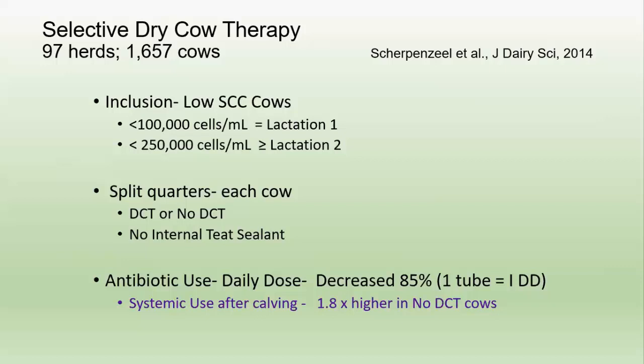What was intriguing in this study was that each cow was split, in that some of her quarters received dry cow therapy and some no dry cow therapy, and there was no internal teat sealant in any quarter. In other words, they were able to compare within cow.